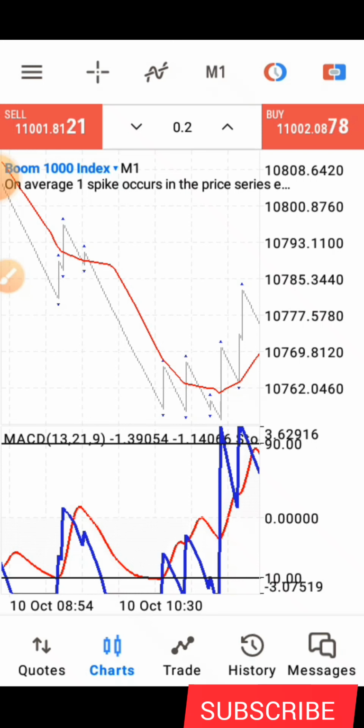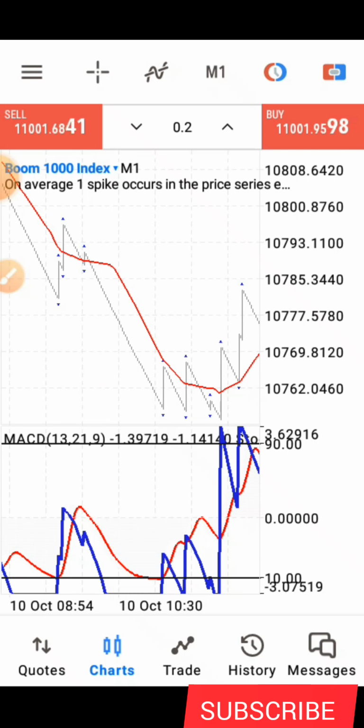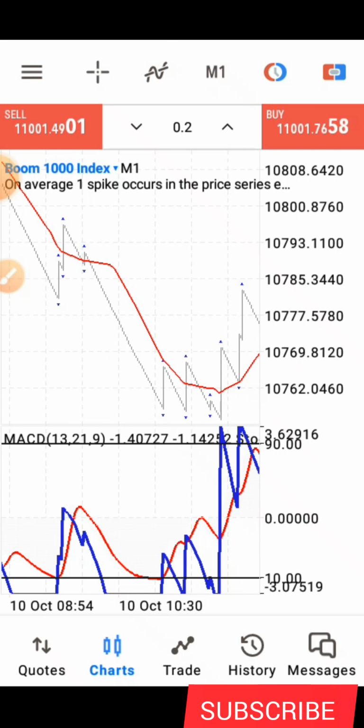After that is done, the next thing is patience. This thing works with time, and if you are not patient enough, you will not be able to succeed in this business, this career or whatever you call it. You need to be someone that is very patient. Now you have the patience, the next thing that needs to come in is discipline, the discipline to always stick to the rules.